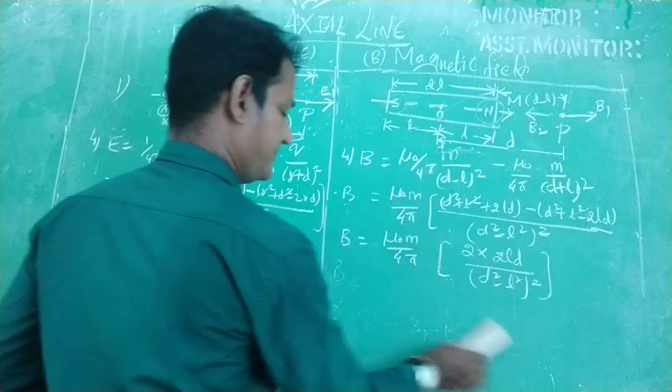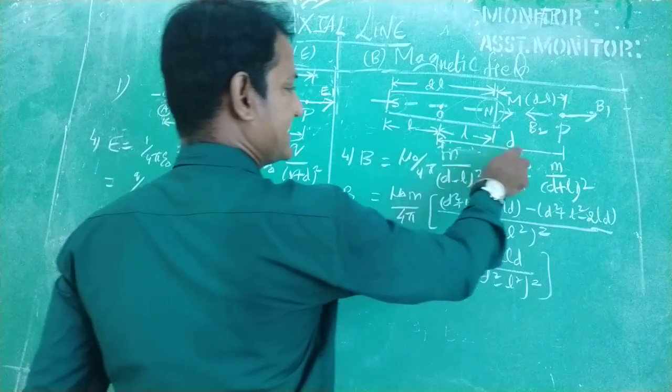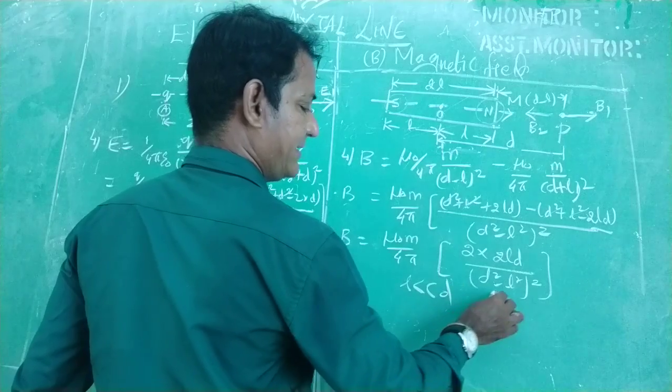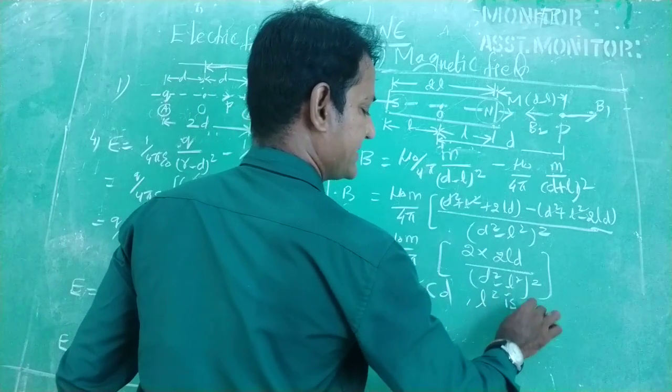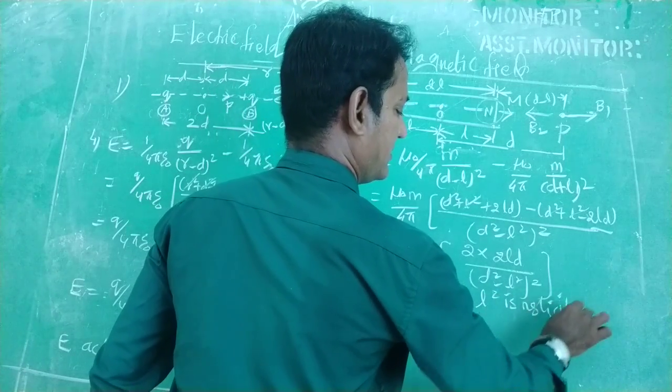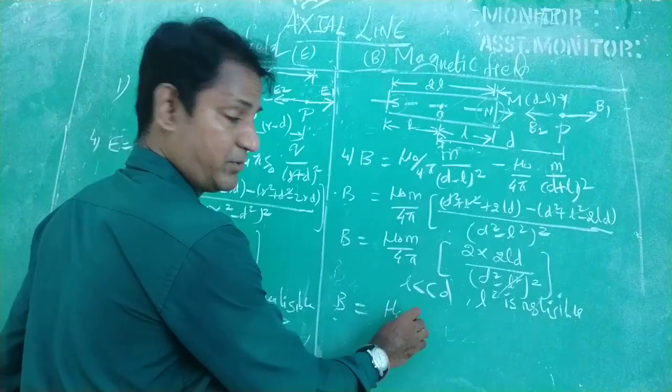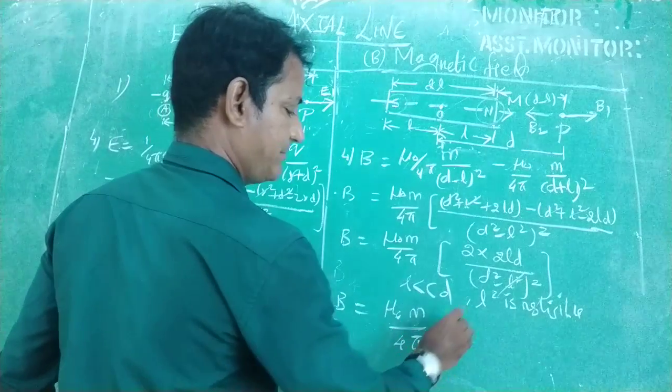So here also this distance is greater than the length, so L is very, very less than D, so L squared is negligible, so L squared is cancelled, and I get B is equal to mu naught m by 4 pi.